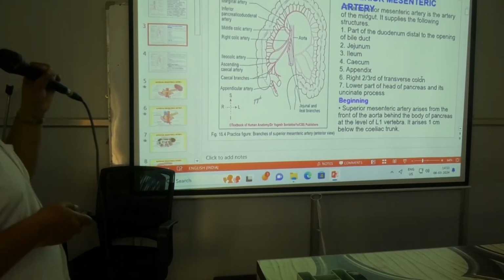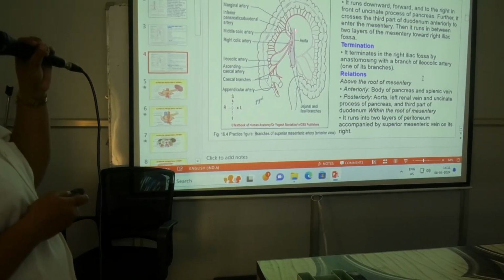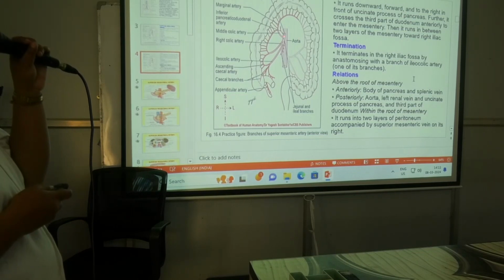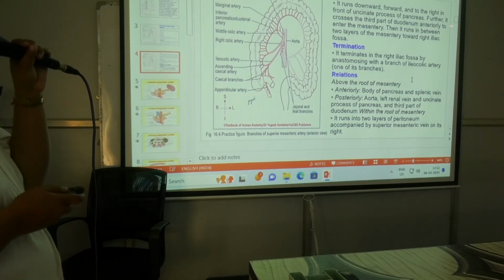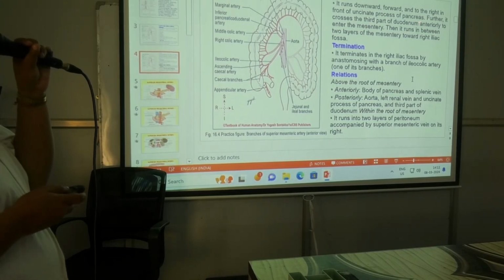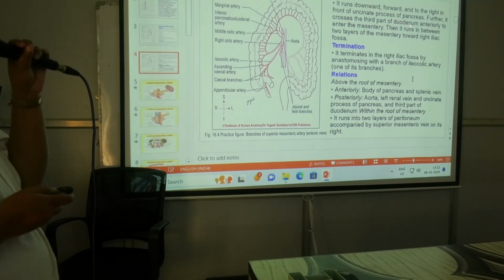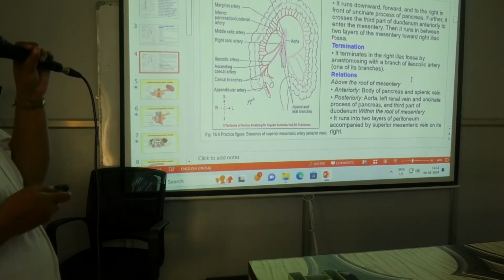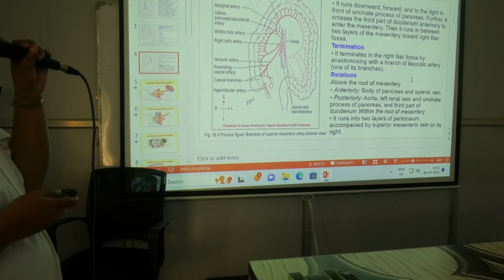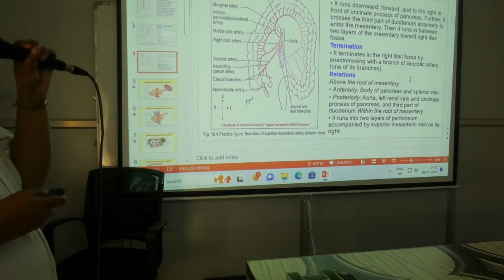Next is the course. See, this is the superior mesenteric artery. It runs downward, forward, and to the right in front of the uncinate process of pancreas, and further it crosses the third part of the duodenum anteriorly to enter the mesentery, and then it runs in between the two layers of the mesentery towards the right iliac fossa.